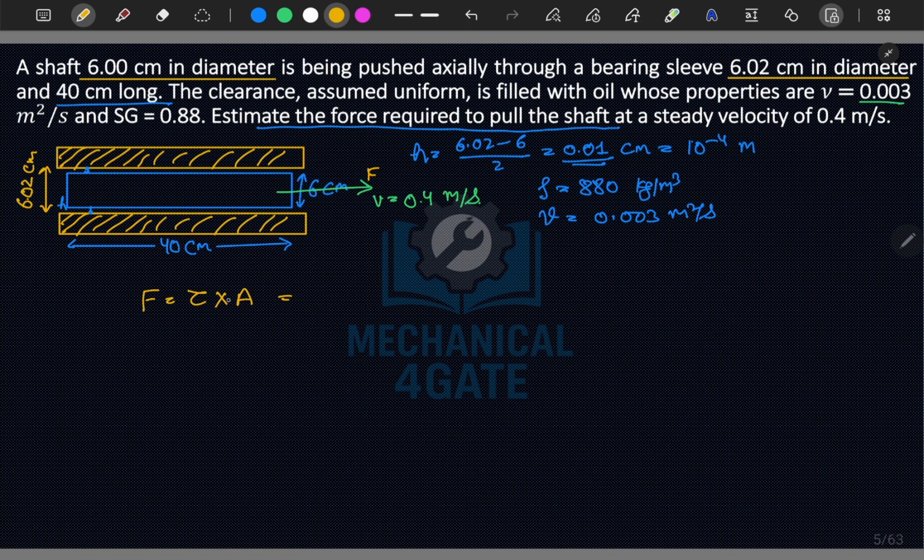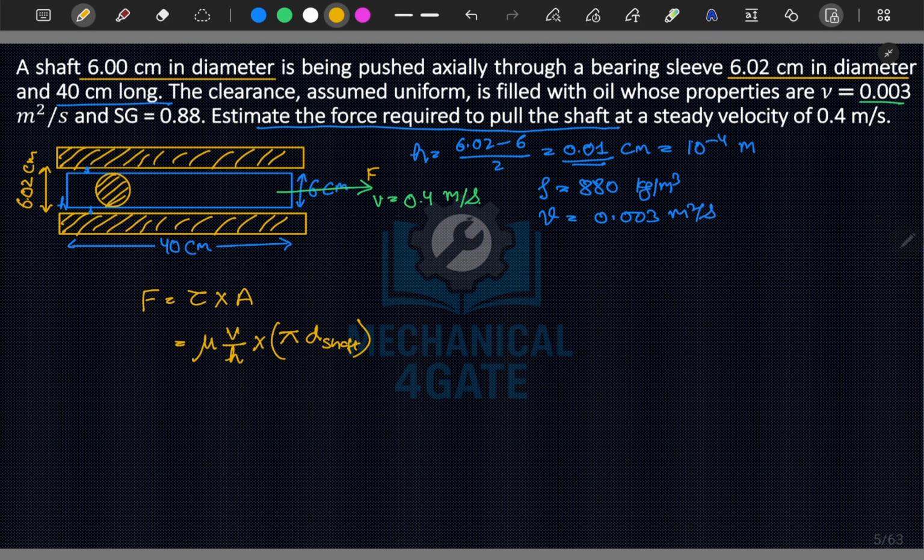The shear stress we can write as mu V by H, since the sleeve gap is very small, so we can assume it to be linear, times the area. The area of contact will be circular, this whole area will be in contact, so the area will be pi times the diameter d of the shaft, because the shaft is moving with velocity v.